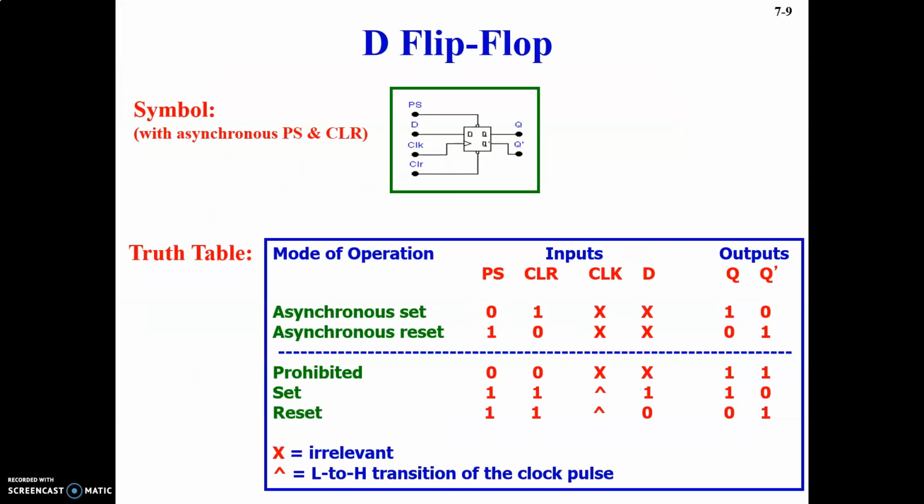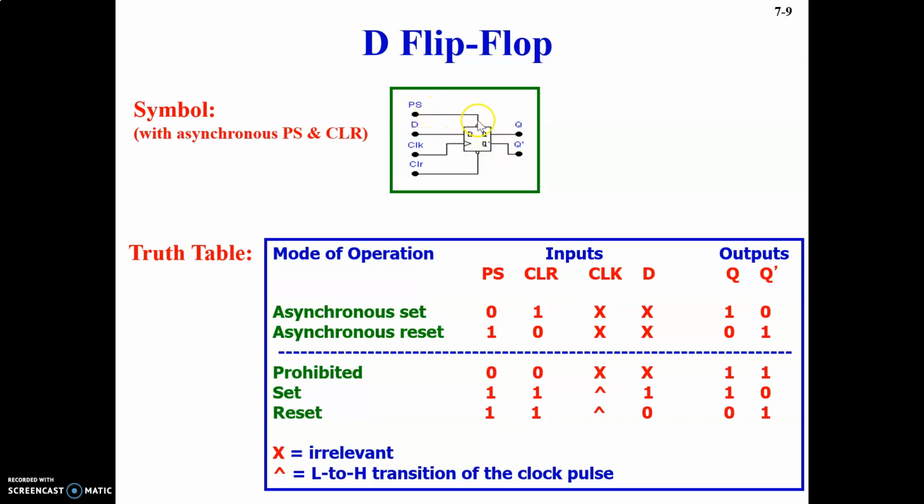Now here we have a D flip-flop, which is a little bit like adding two RS flip-flops together, because it gives us the ability to have a synchronous and an asynchronous mode. Here we can see we have some inputs. We've got our preset, we've got the D input, we've got our clock signal, and we've got a clear signal.